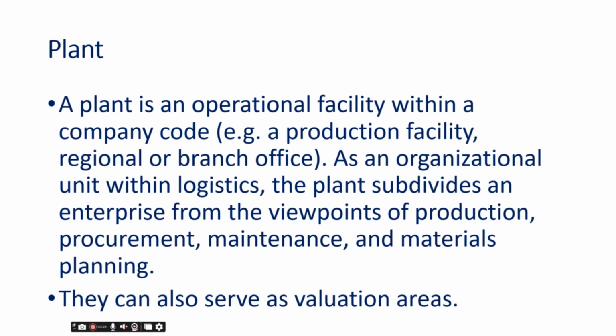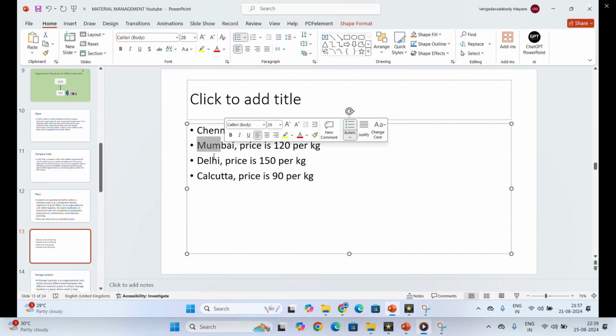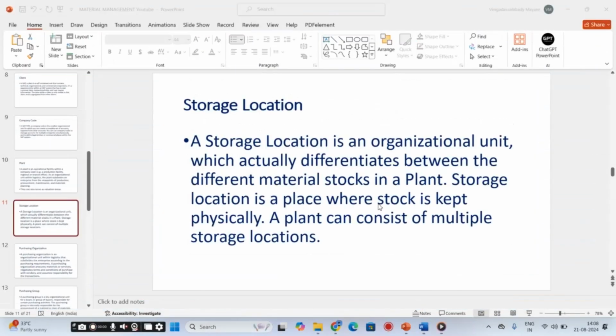For example, per kg, a plastic sheet or a rubber sheet costs 100 rupees in Chennai, 120 rupees in Mumbai, 150 rupees in Delhi, and 90 rupees in Calcutta. So the valuation depends on the location. So location is nothing but plant: Chennai plant, Mumbai plant, Delhi plant, and the plant in Calcutta. So a plant serves as a valuation area.